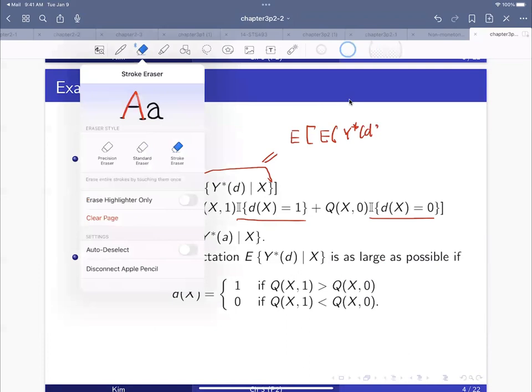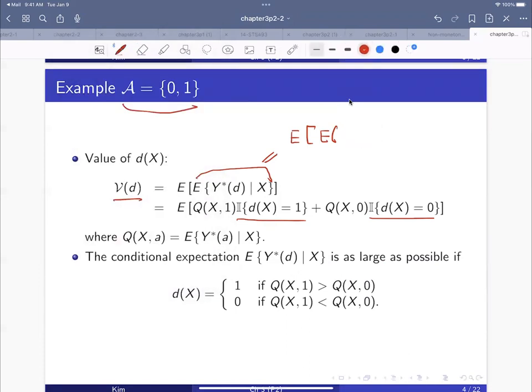Let me write it. So let's say Q(x, A), where A is either 1 or 0.